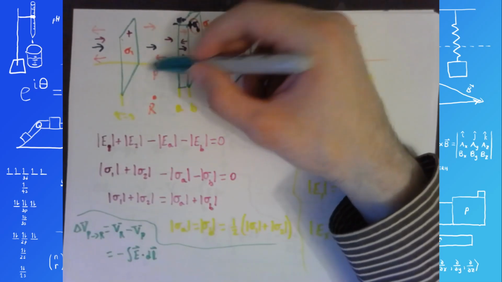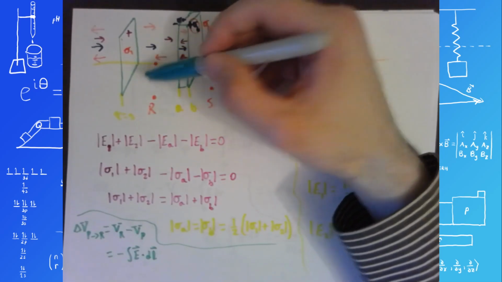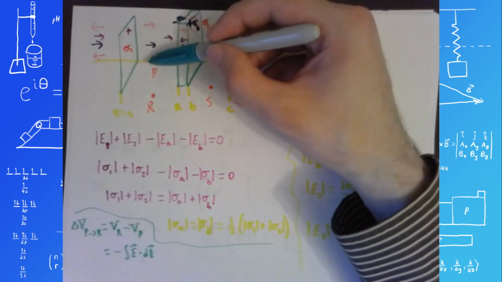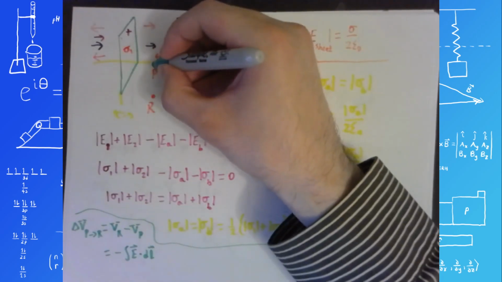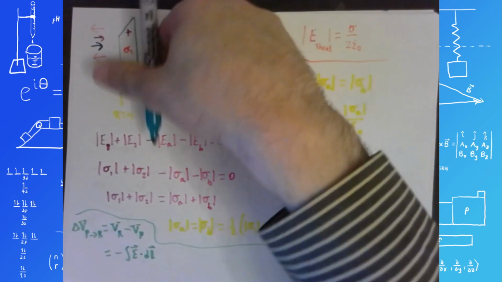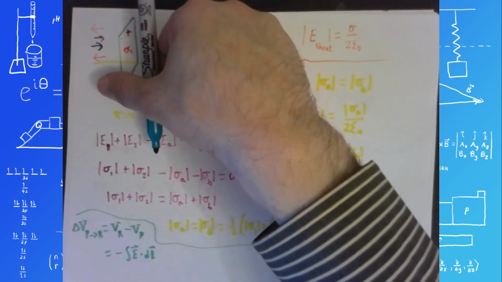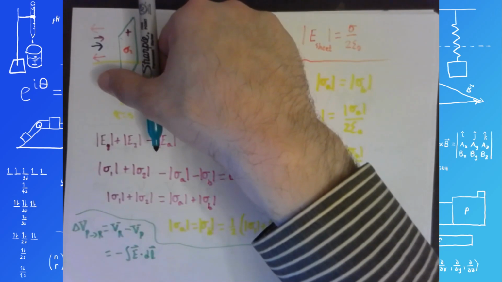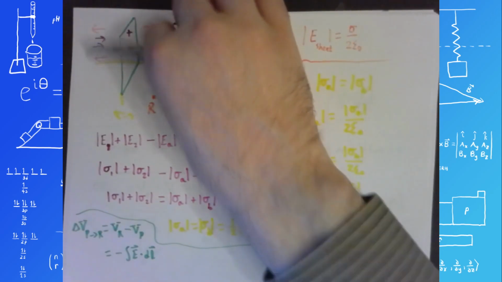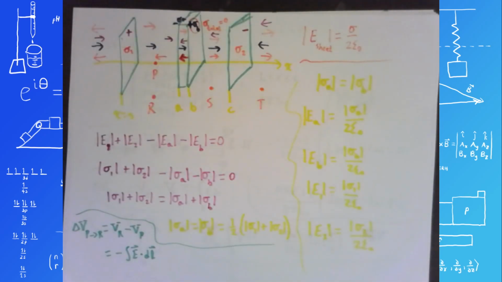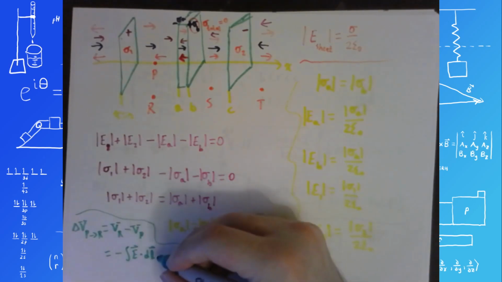Either way, whether it's right or left, your dl is from P to R. You're integrating in this direction, straight down. So the dot product of your dl and your electric field, which is either to the right or to the left, is going to give you E times dl times cosine of 90 degrees, which is 0.